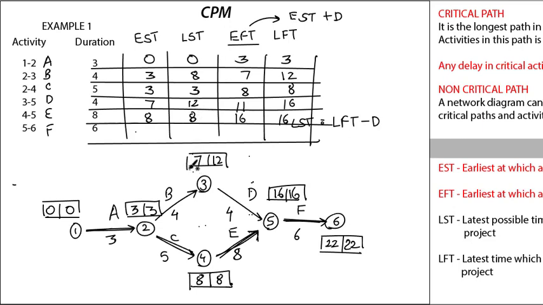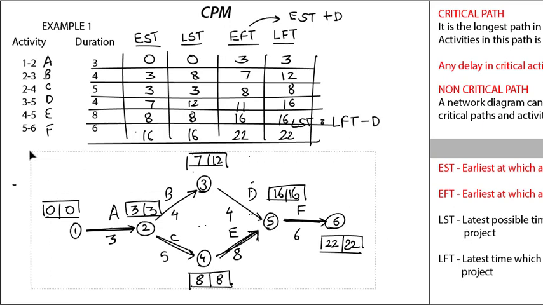Similarly for F, earliest start time is 16. 16 plus 6 is 22. Latest finish time is 22 and 22 minus 6 will give me 16, right? So this is how you calculate early start time, latest start time, earliest finish time and latest finish time.